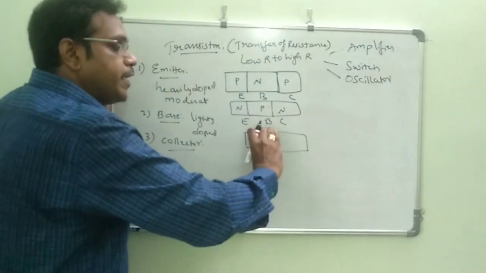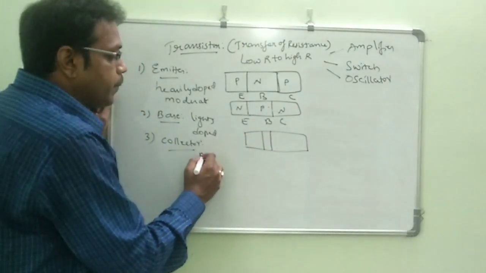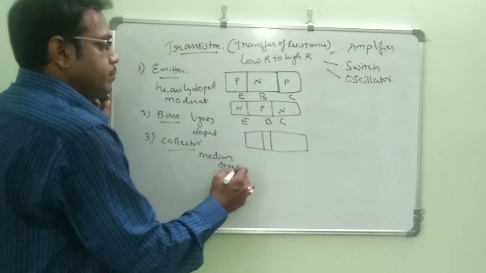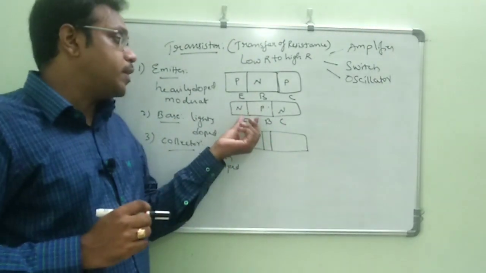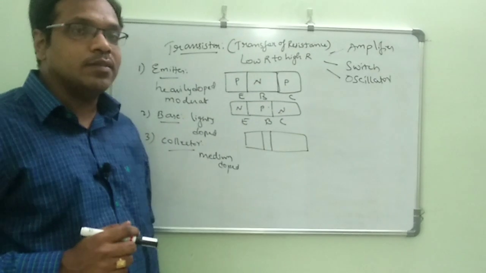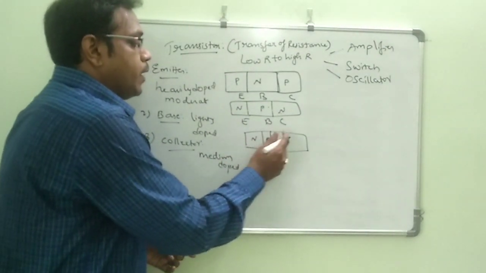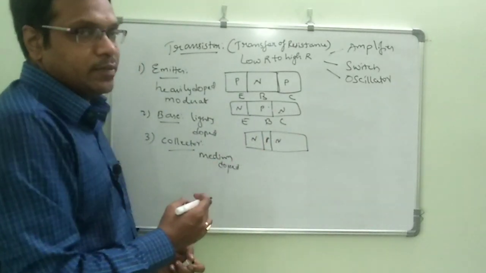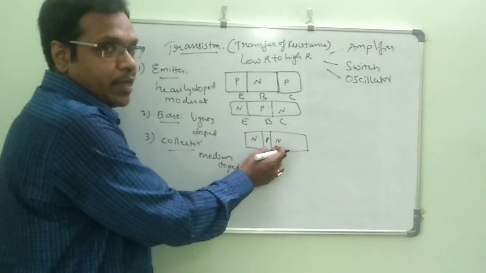We need to give it a bigger size and medium doping. So there are three components for the transistor: emitter, base, collector, but they are not of equal size. For NPN, the collector should be bigger in size. The base is in micrometers, that small.